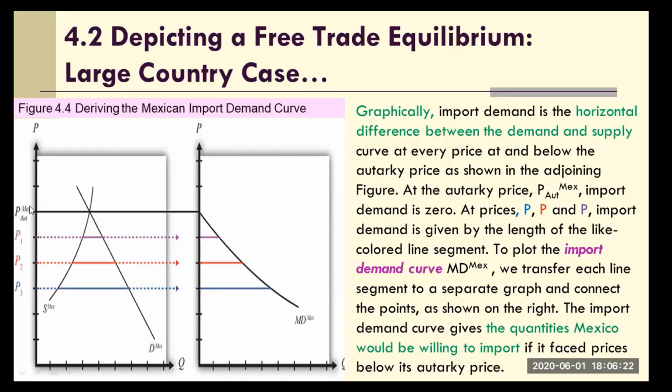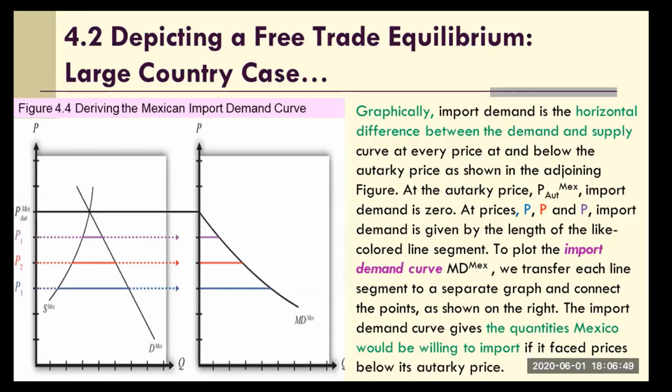As the price reaches the autarky level, it is zero: no more demand. At P1 the imported amount is very minimal because of the price. As the price declines, they are encouraged toward the red points, and some more demand is encouraged.